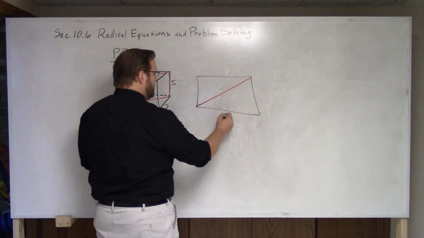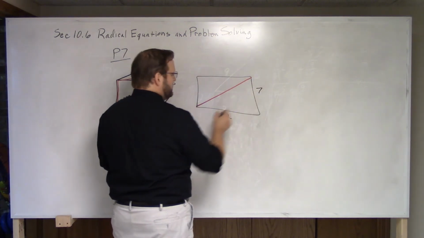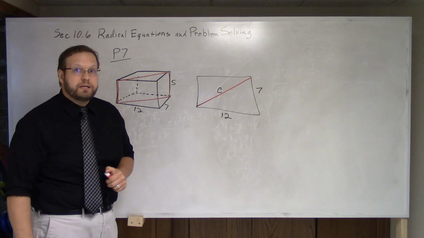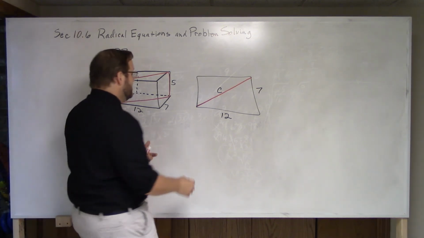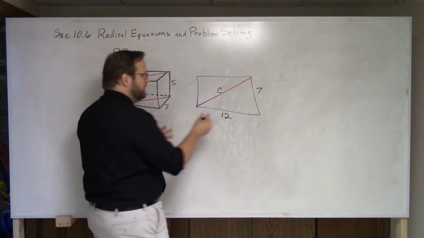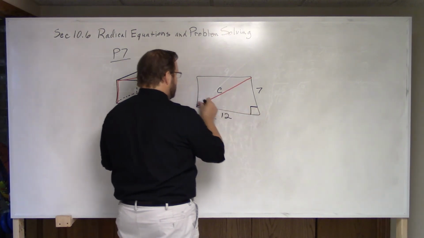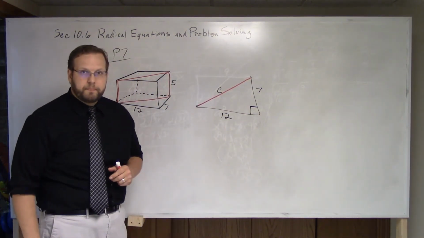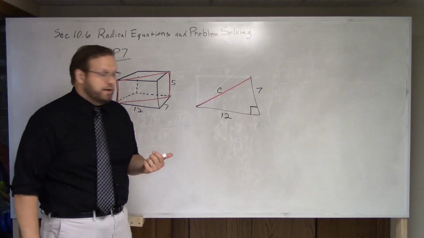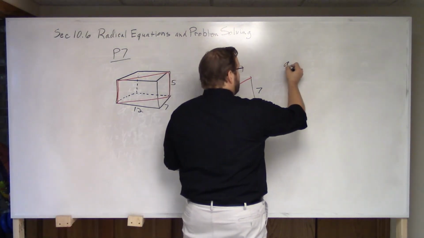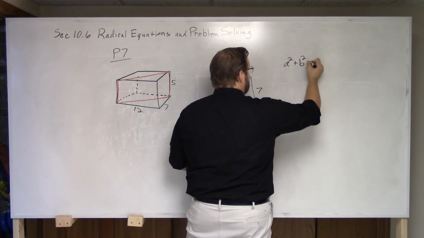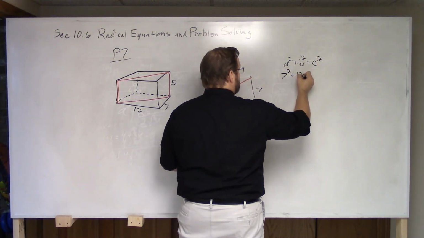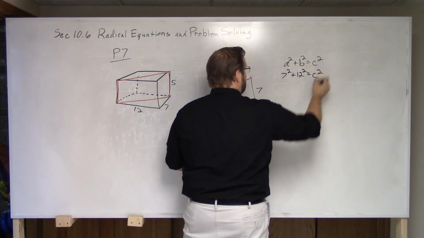We know that it was 12 inches. We know that it's 7 inches. We need to know how long that piece needs to be. And as you can see, yes, we have this three-dimensional tank, but it really just comes down to that triangle. Okay? So let's work that out. Again, we have a squared plus b squared equals c squared. That's 7 squared plus 12 squared equals c squared.